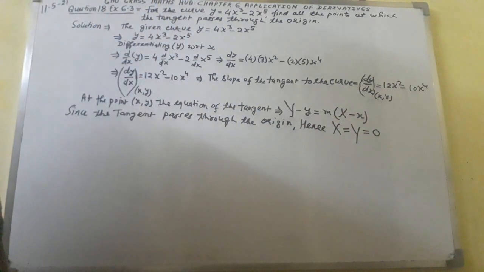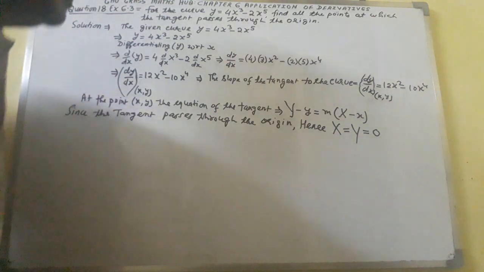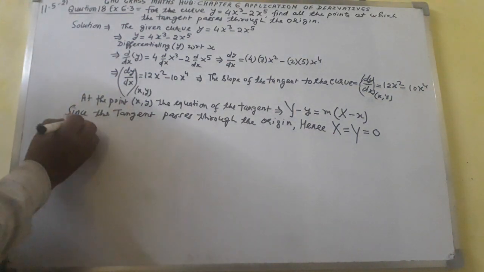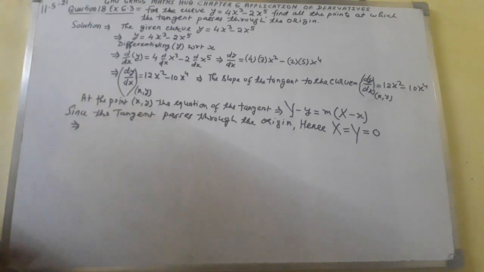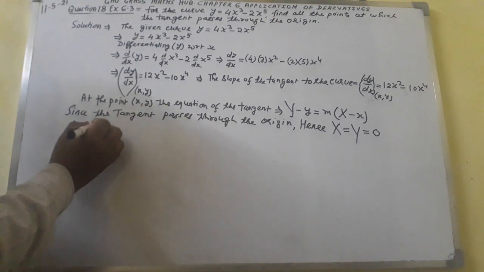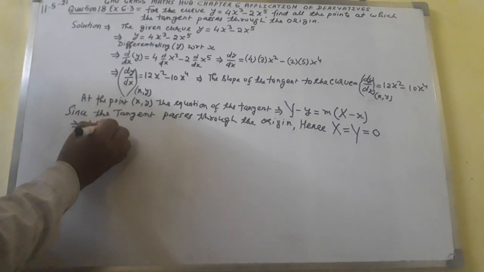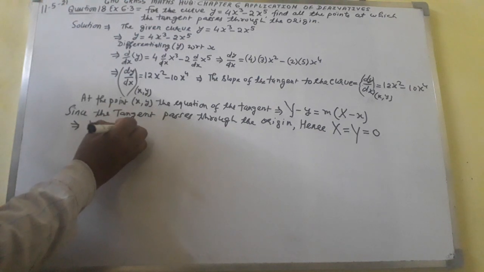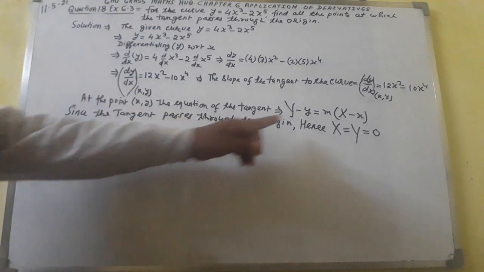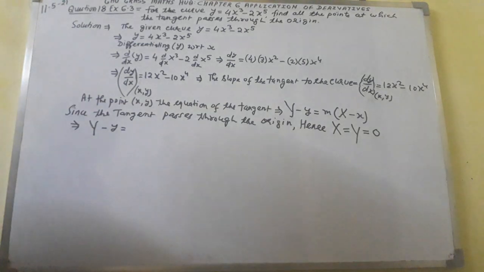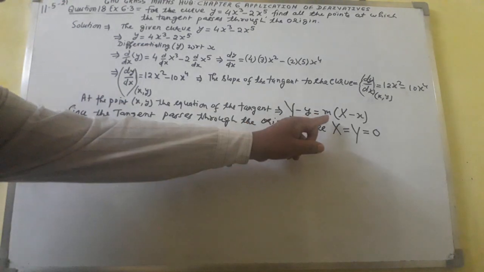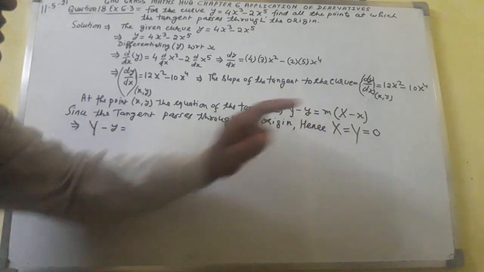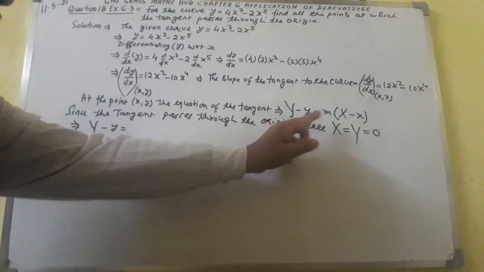This thing we have got. So here I shall write Y minus y equal to m times (X minus x). Here m is the slope of the tangent at point (x, y).